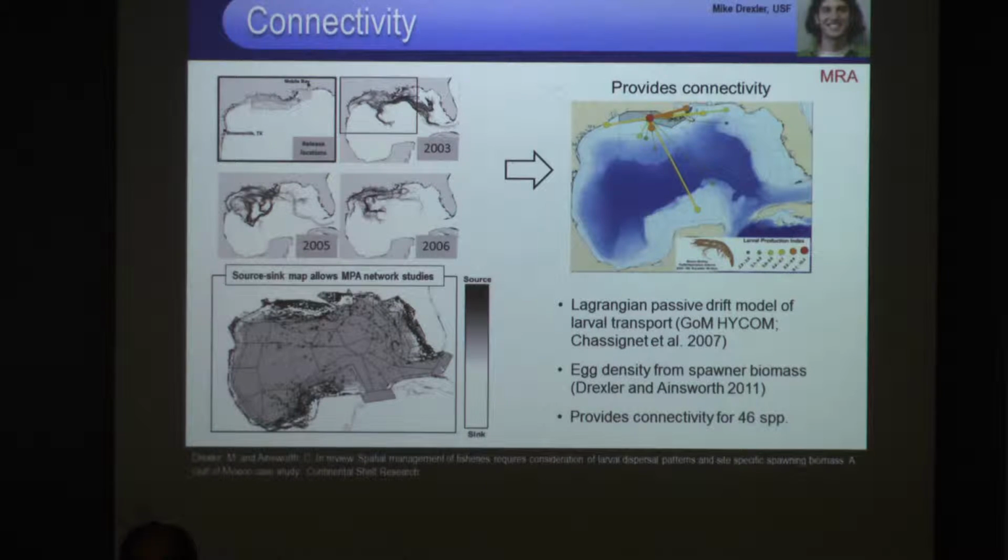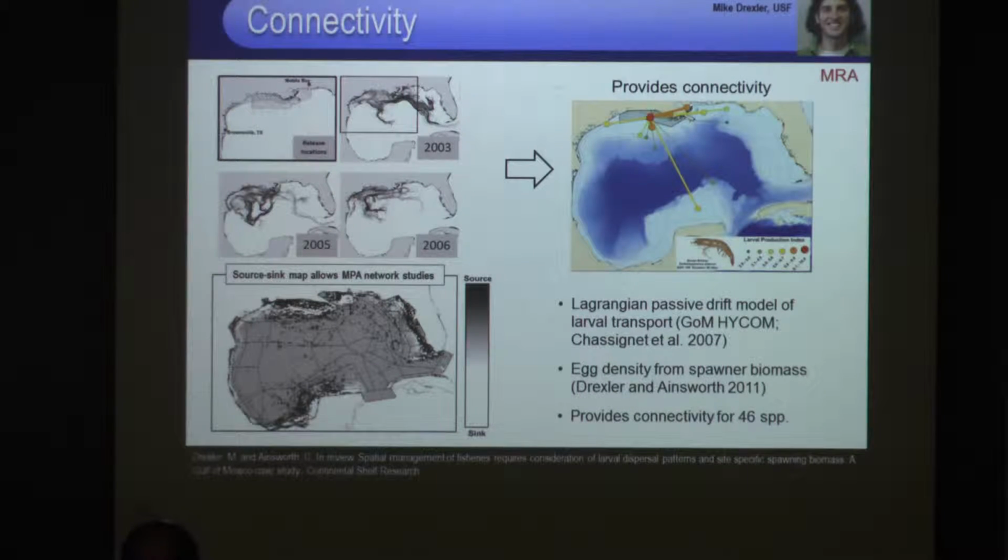So he developed, based on some earlier work I did, an individual-based model of larval transport, which uses hydrodynamics, currents from a hydrodynamics model to move particles around. We're integrating the currents over, I think, the first 50 meters or something, so it's mainly based on surface currents.